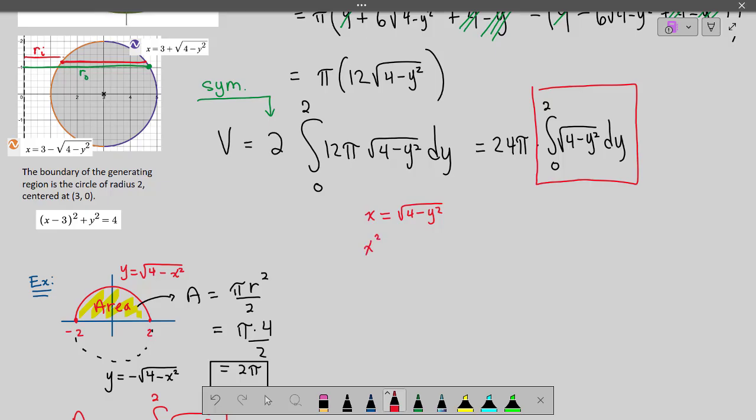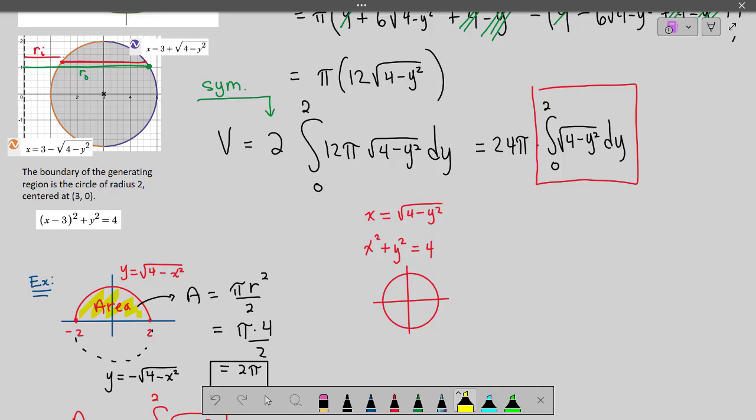So if we were to square both sides, blah, blah, blah, that's going to give us the circle of radius 2 centered at the origin. So we have a circle of radius 2 centered at the origin. And x equals this thing, is that the right half, the left half, the top half, the bottom half? What piece of this circle is that?